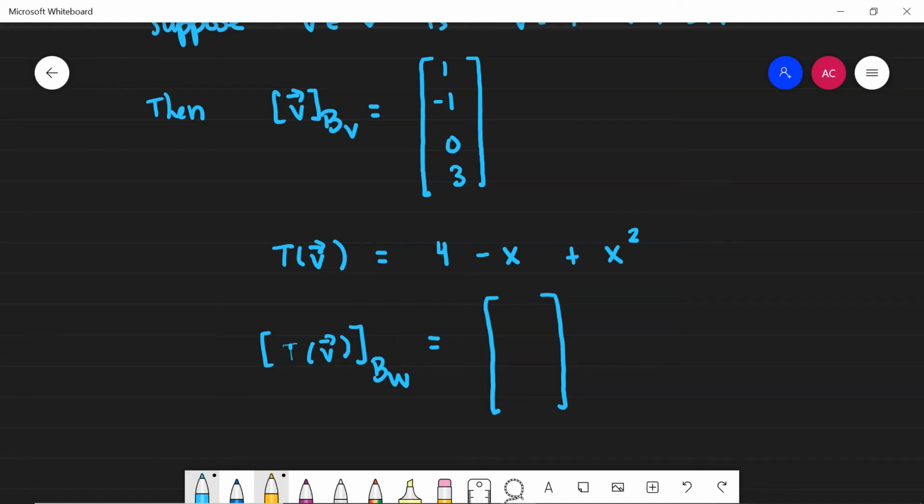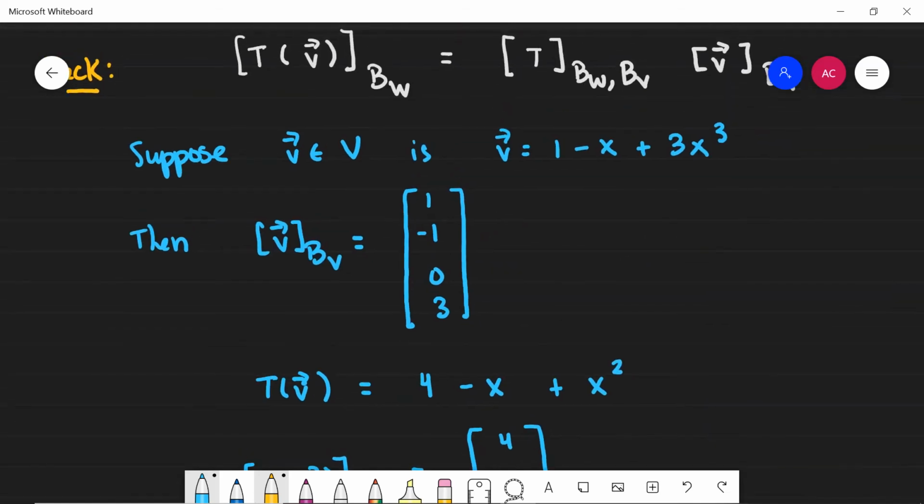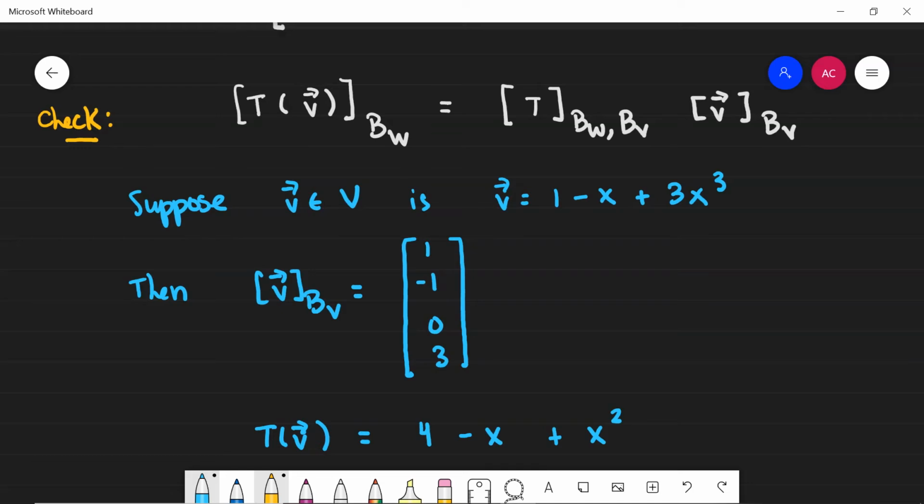It's going to be a vector in R3 because W is three-dimensional. So the coordinate vector is going to be 4, negative 1, 1. I'm just looking at the coefficients of this polynomial, precisely because I'm taking B sub W to be the standard basis. So let's check to see that this equation holds now.